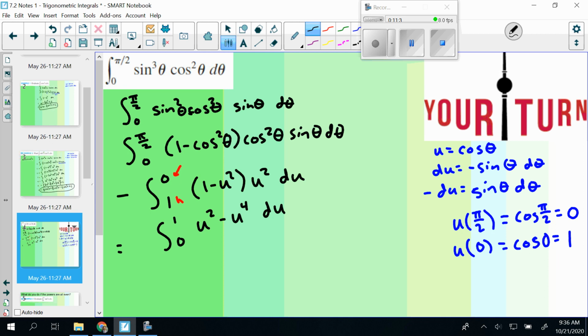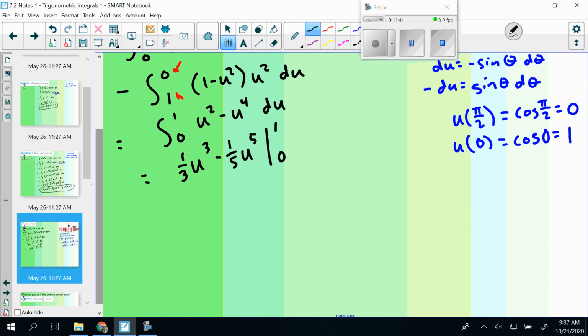So now our antiderivative would be u cubed with the reciprocal 1/3 minus 1/5 u to the 5th, evaluated at 1 and 0. This one, we don't have to substitute back in because we changed those limits, so now it's just plugging those in. If we put in 1, it'd be 1/3 minus 1/5.